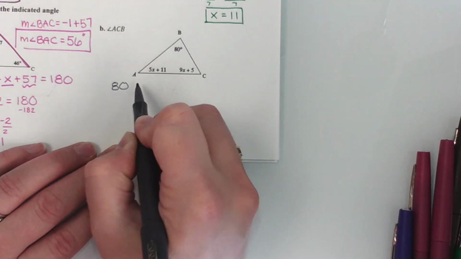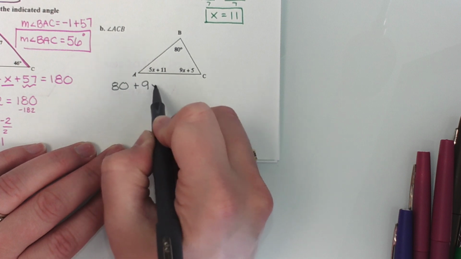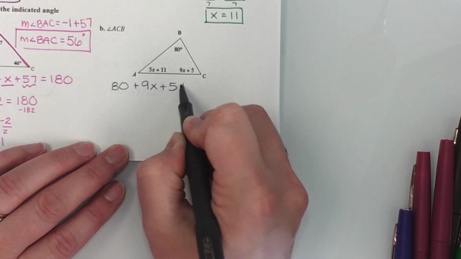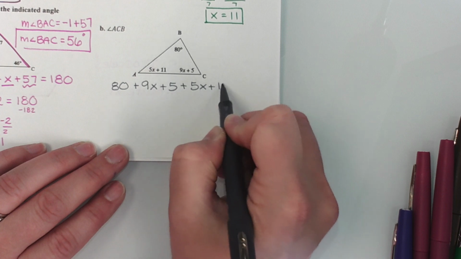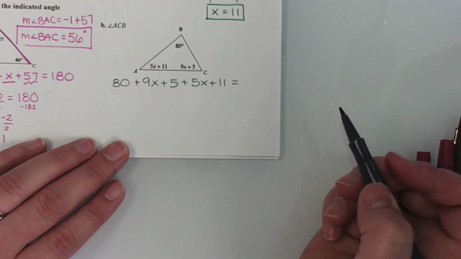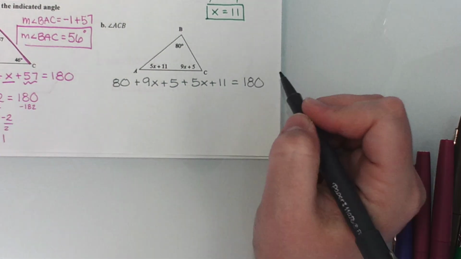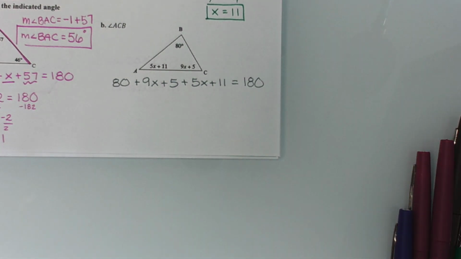I can start with 80 plus 9x plus 5 plus 5x plus 11 equals 180. Three angles in a triangle always add up to 180.